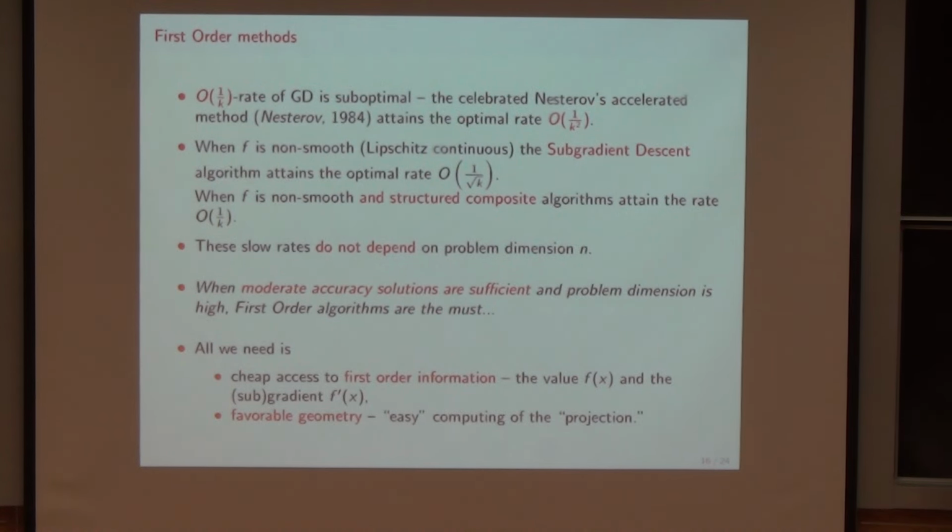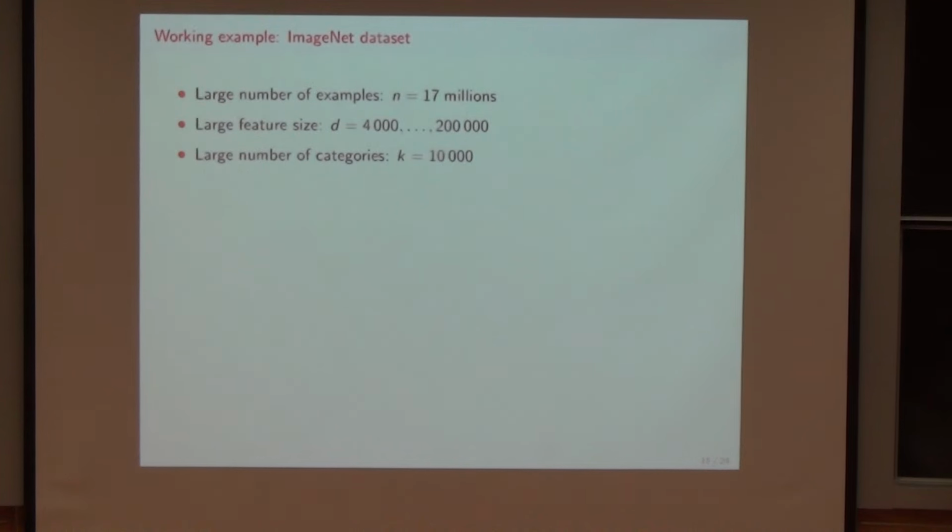All we need to implement this type of method is to be able to efficiently compute the gradient, meaning that we have to implement the first order oracle, and to efficiently compute the projection. Unfortunately, both of these things become problematic if, once again, we pass to big dimensions.